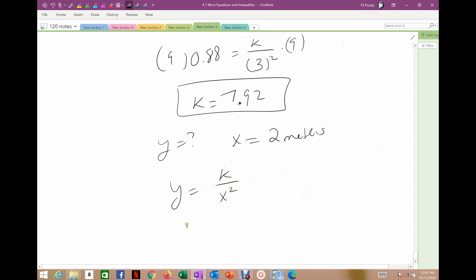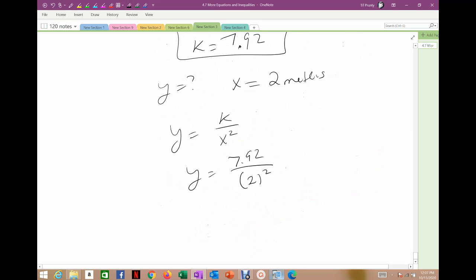I now know what my k is, 7.92. My meters is 2 squared, so I take my 7.92 divided by my 2 squared, and I get my intensity. It comes out 1.98 watts per square meter.